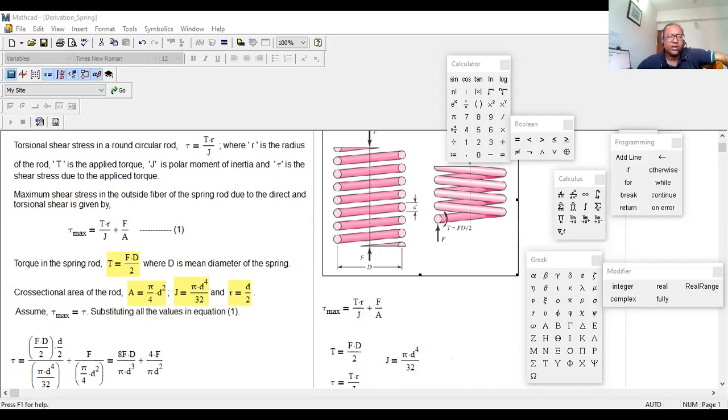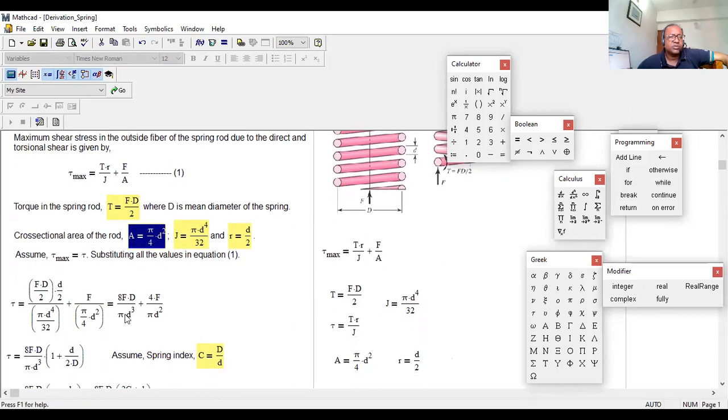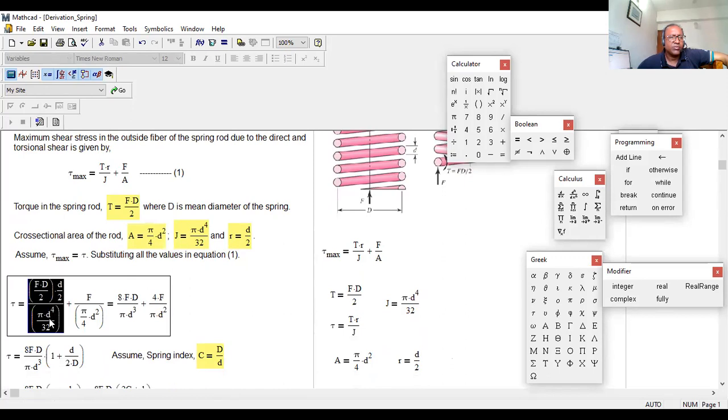Now, this T value you put over here, R value d by 2 you put over here, J value you put over here, and F is F, and A equals pi by 4 d square. So you substitute all the values, then you just rearrange the equation.